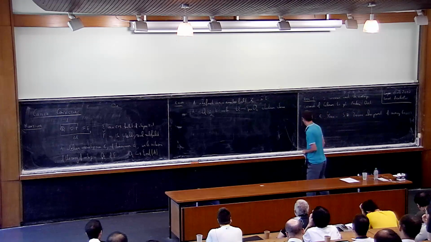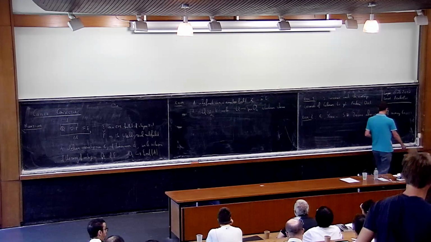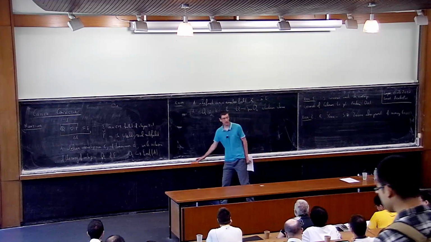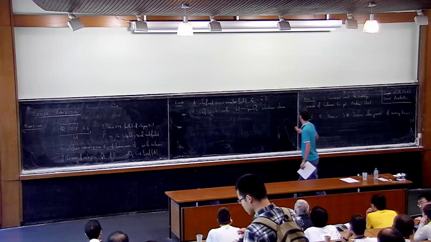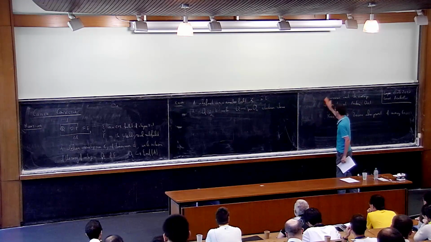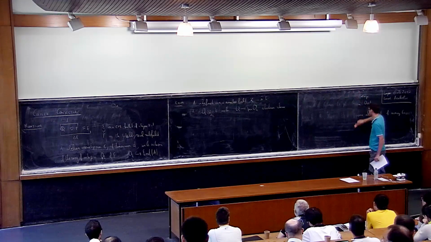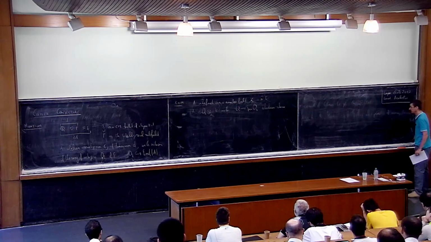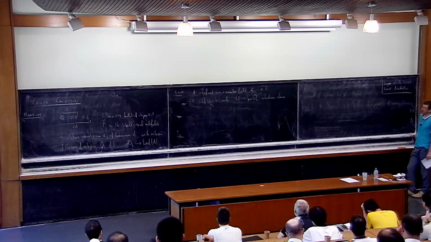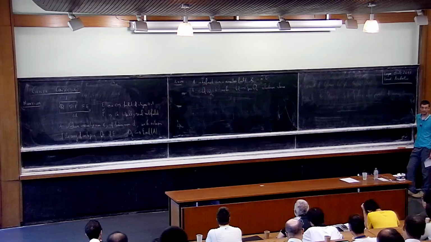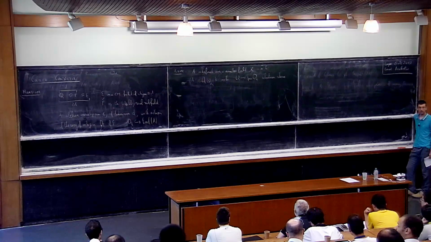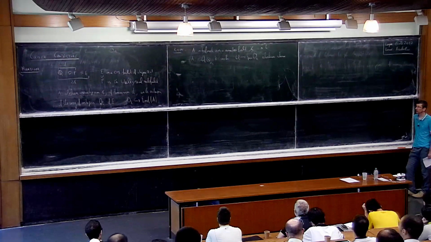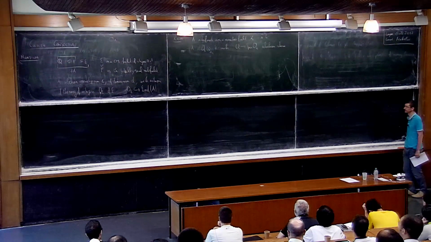And what the Colmez conjecture is about is the Faltings height, or the modular height, of such an abelian variety with full CM by the ring of integers of the field E. So let me briefly put on the blackboard a working definition of the Faltings height.